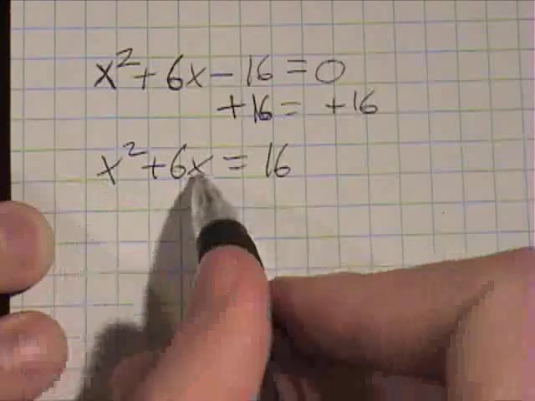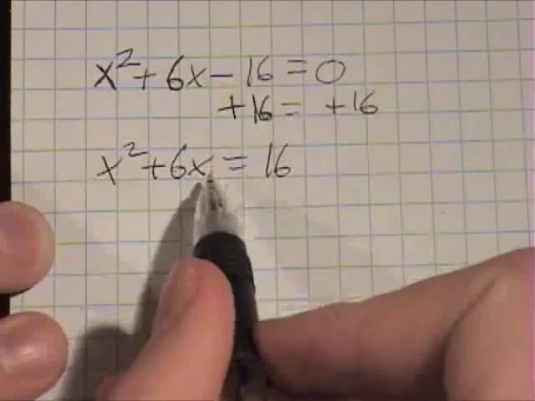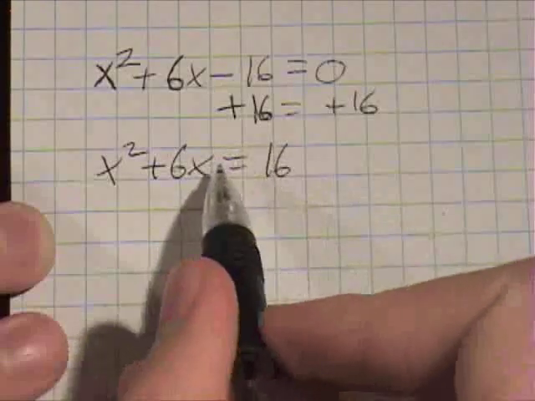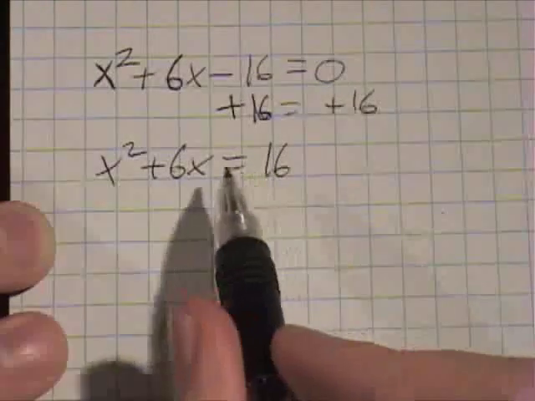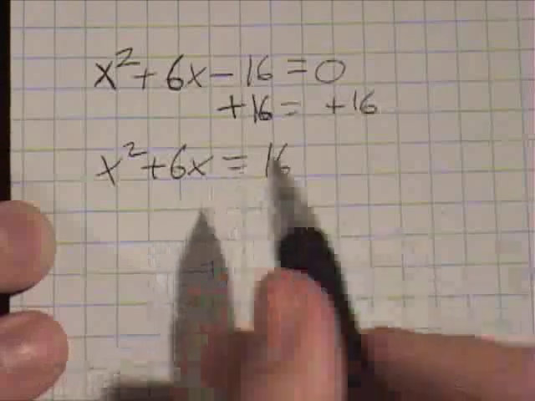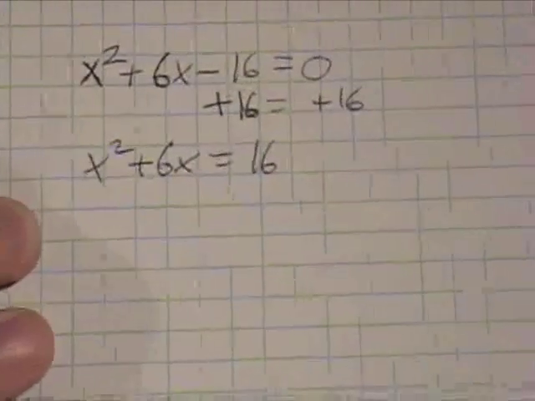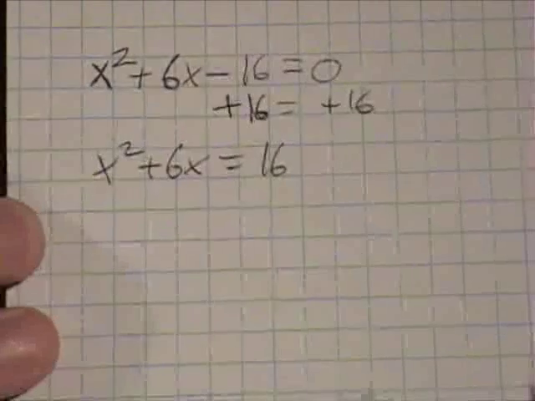So we move on to the third step, which is completing the perfect square trinomial for this binomial here. We need to add another value to this to make it a perfect square trinomial. And there is an algorithm to do that, and it's always the same.